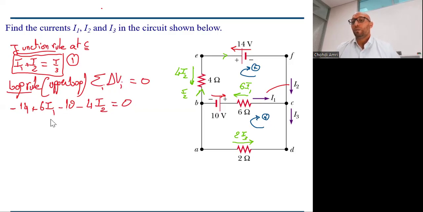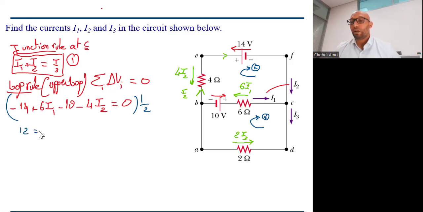So here we can arrange this equation to write the unknowns on one side and the constants on the other side, and we can also simplify by 2 to get the following. Minus 14 minus 10 would be 24, over 2, so it will be 12.